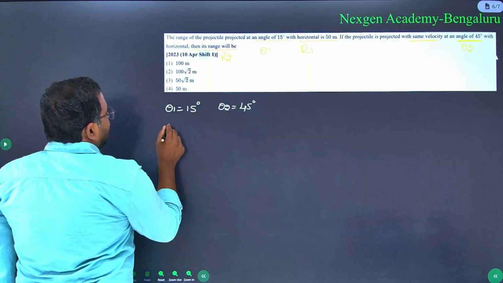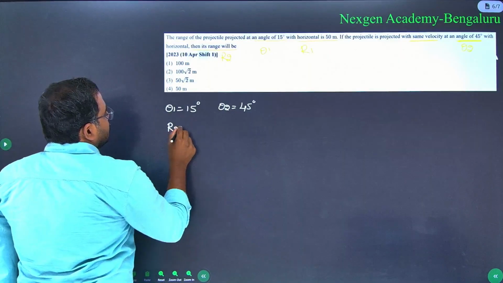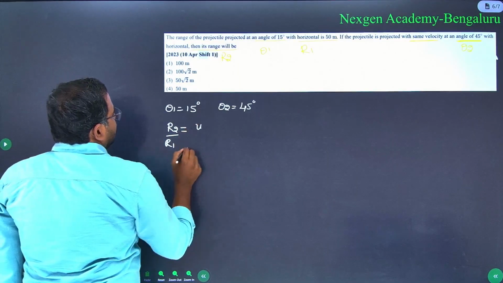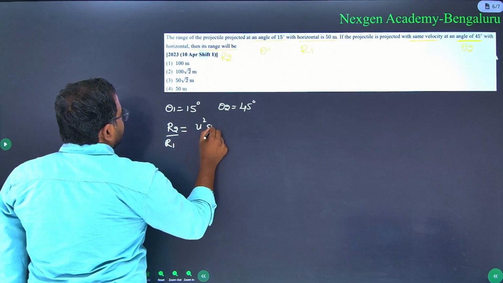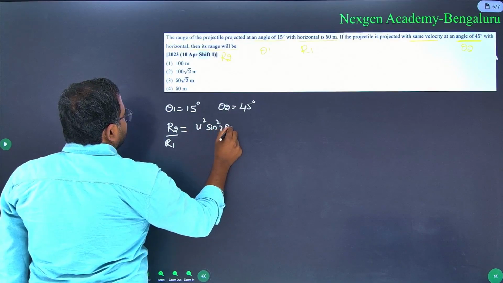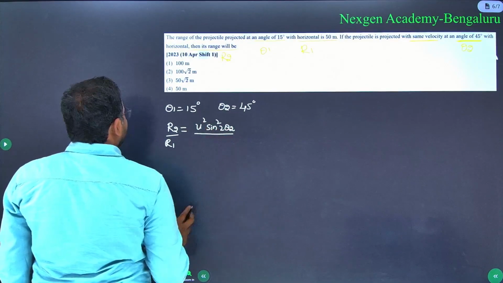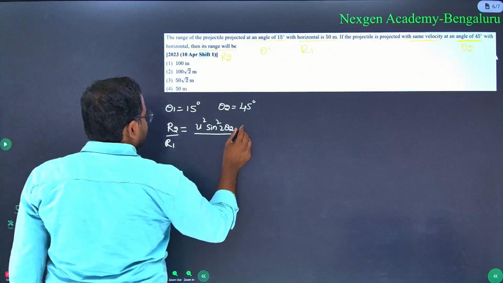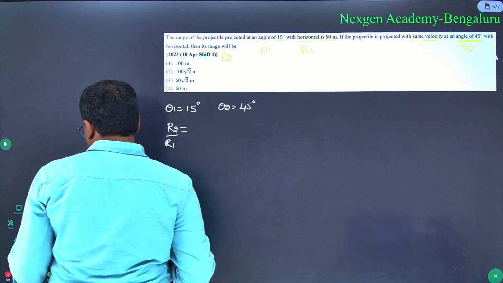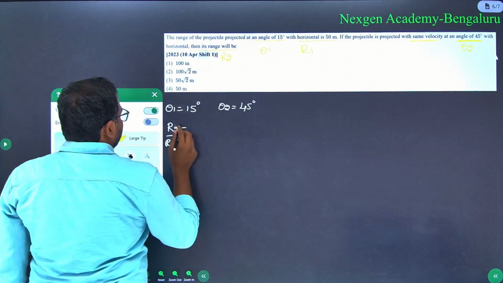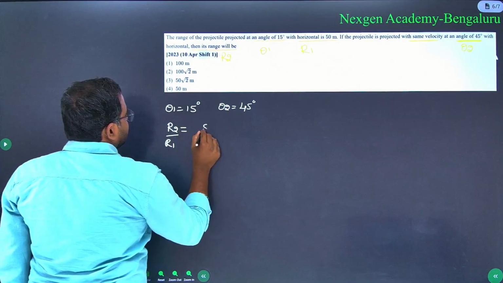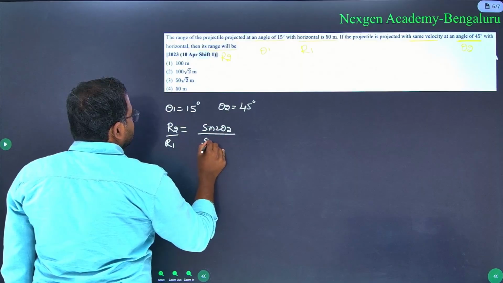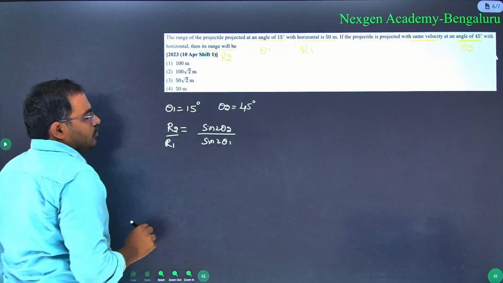Usual formula: I'll take the ratio R2 by R1, with u square sin 2 theta 2 in the numerator. R2 by R1 is equal to sin 2 theta 2 by sin 2 theta 1, u square will be cancelled out.